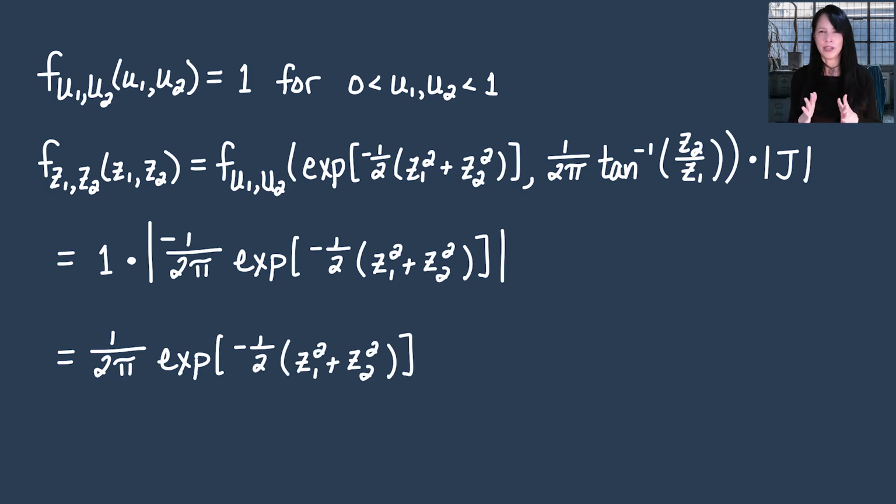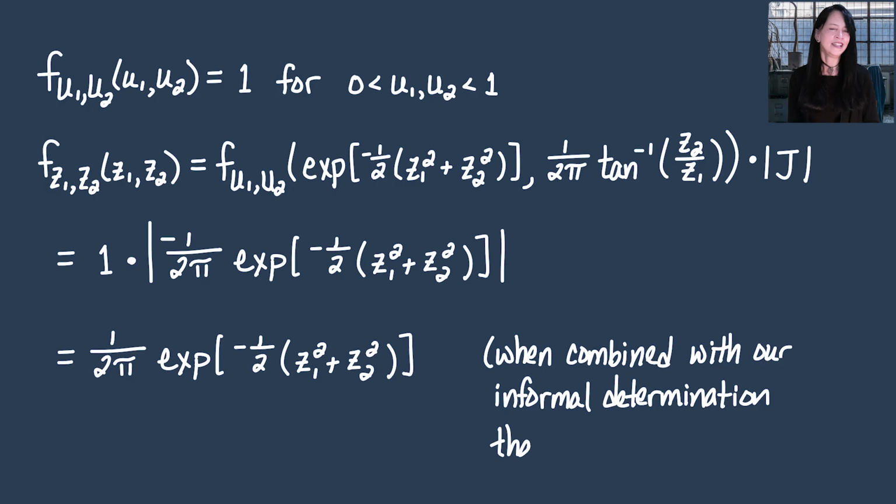E is always non-negative. And when combined with our informal transformation, that the little z1 and little z2 do live on minus infinity to infinity, we see that the joint PDF for z1 and z2 looks like the joint PDF for two independent standard normals, because this PDF does factor.